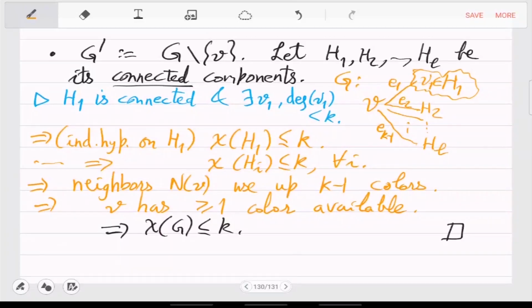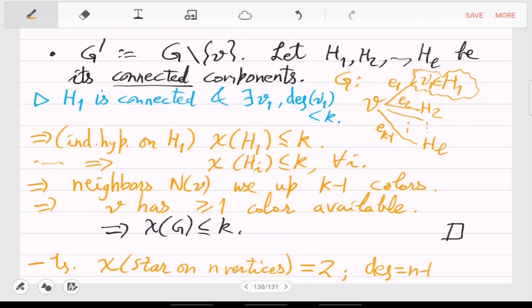So again, in the case of star, on n vertices, the chromatic number is just 2, whereas the degree is n minus 1 and vertices are of course n.